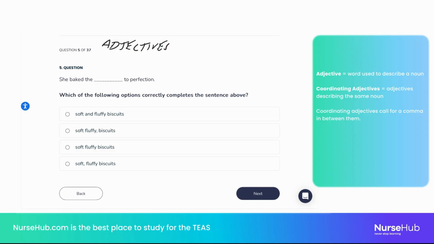So when we have 2 adjectives back to back, and they are coordinating, which means they are working together. And how do we know if they're working together? Are they describing the same thing?